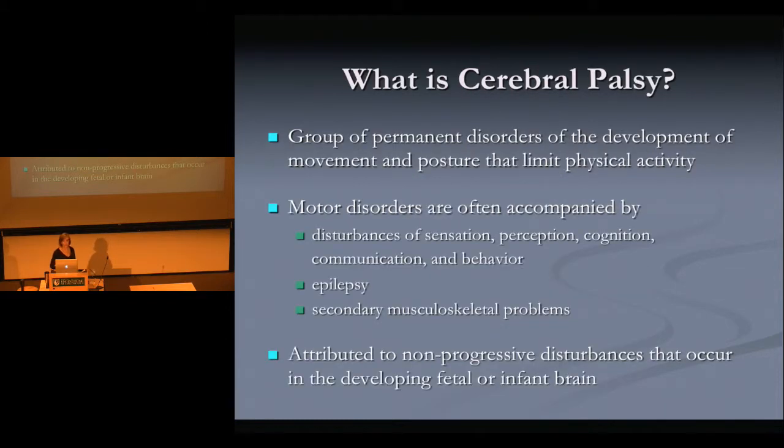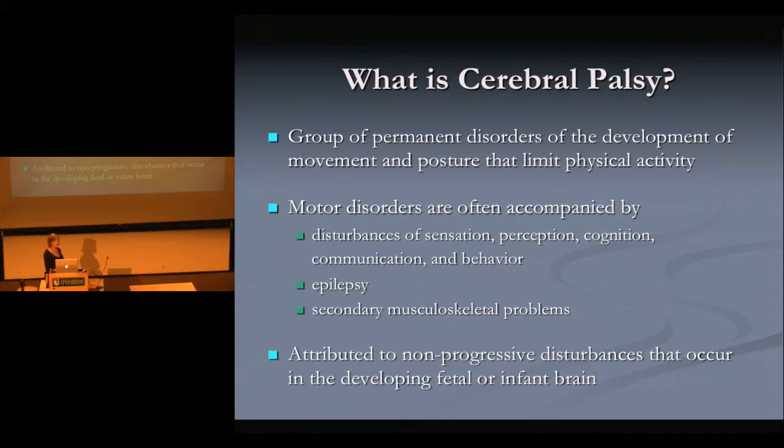So you've probably heard of cerebral palsy, but you may be thinking, what exactly is it? Let me explain or refresh your memory. It's a group of permanent disorders of the development of movement and posture that limit physical activity. The motor disorders are often accompanied by disturbances in perception, sensation, cognition, communication, and behavior.